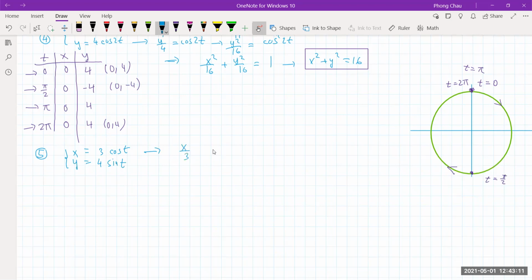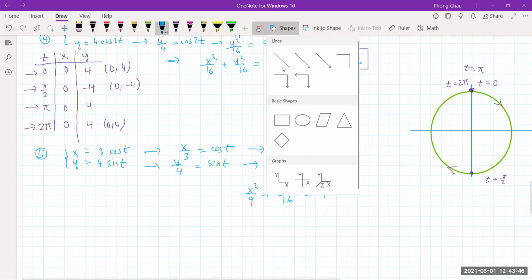So x over 3 is cosine of t, and y over 4 is sine of t. You square both sides: x squared over 9 is cosine squared t, and y squared over 16 is sine squared t. Then you add both sides, and you can see we have x squared over 9 plus y squared over 16 equals, again, 1 on the other side.